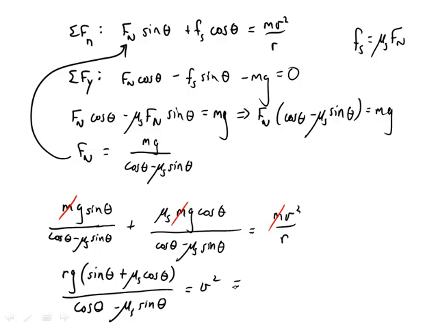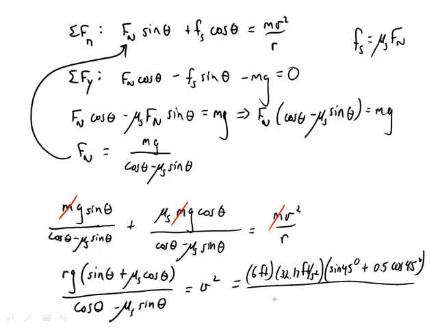And so if I start working this out, r is equal to 6 feet. g is 32.17 feet per second squared. Sine of 45 degrees plus mu s is 1/2 times the cosine of 45 degrees.